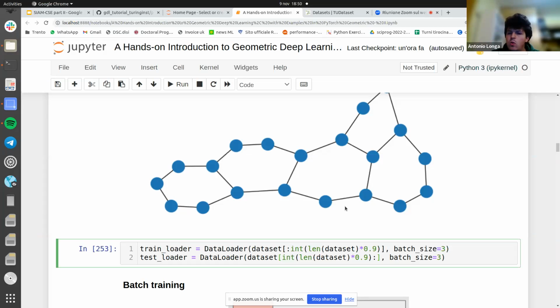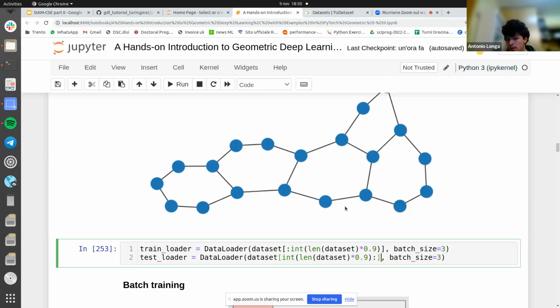Then when you compute the backpropagation using the loss, you have computed the loss using these 3 graphs, not only one. So the idea of using a batch is, first of all, to avoid the problem of falling into a local minimum, in some sense, so that you are not moving in your space for each graph.